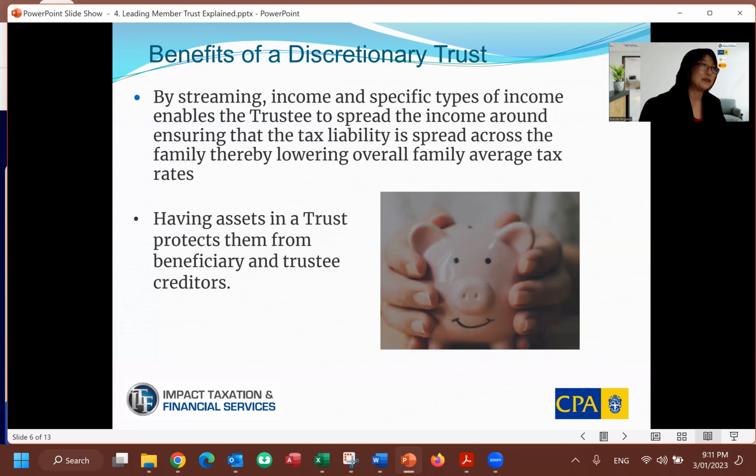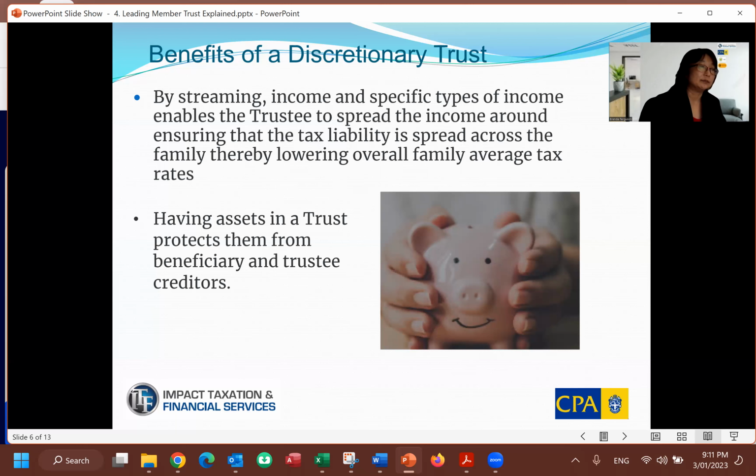It's also used to help people protect assets in case they're in a family breakdown situation, for family court settlement. After some recent cases, the family court can actually go through a family trust.